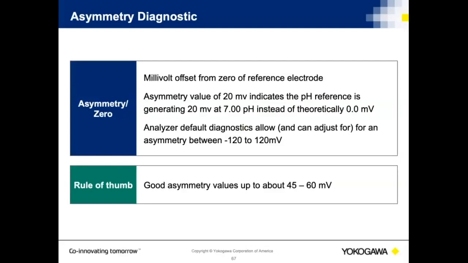So what I have to do is compensate for, number 1, the difference in the measuring and reference electrode, and as it ages. A good measuring electrode or good reference electrode is always going to have an asymmetry value of plus or minus 45 millivolts.